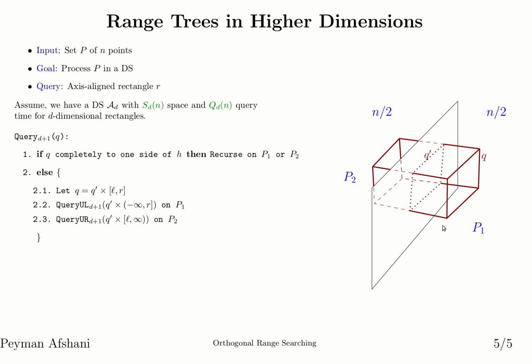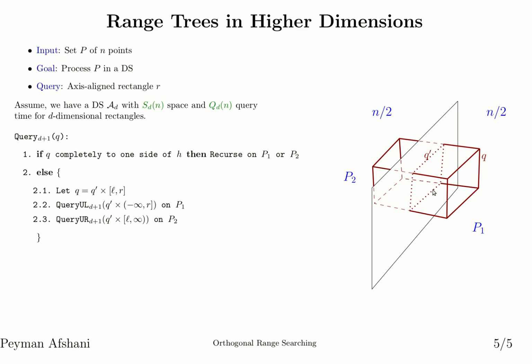So the interesting case is when this box intersects this hyperplane H. If that's the case, then we can write this query box as the Cartesian product of this rectangle Q prime, that is the intersection of H and the query, times an interval L to R. So L is the left endpoint of this interval and R is the right endpoint of this interval. In this case, you can observe that the query decomposes into 2 d+1 dimensional queries.